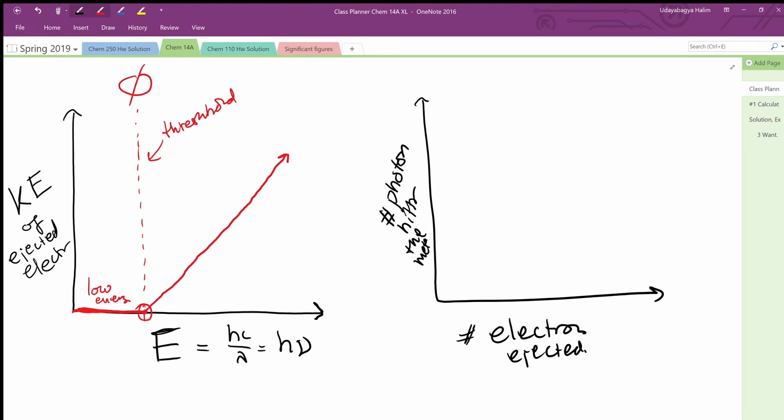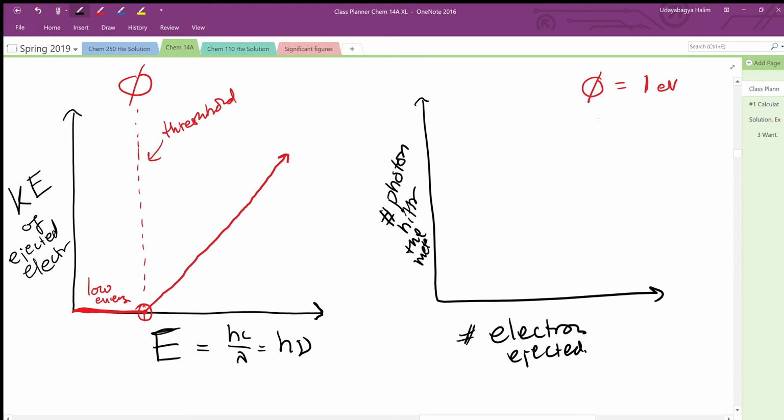And let's do this for 3 different colors, so let's do this for different wavelengths. Let's just say the work function, I'm going to use the electron volt unit, is 1 electron volt. It's just a unit of energy. And you have 3 different wavelengths.